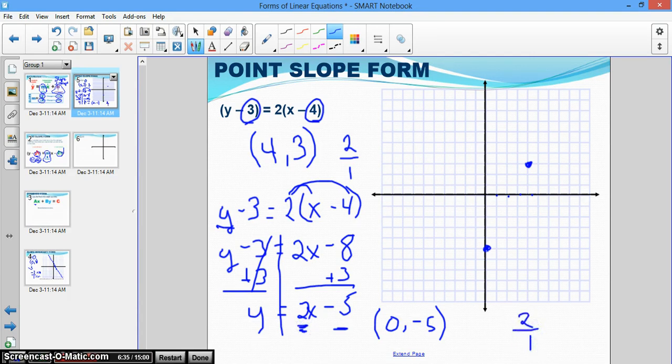So it is up 2 over 1, make a point. Up 2 over 1, make a point. Up 2 over 1, make a point. And what do we have? A straight line. Again, we know the line doesn't end with the points. A line continues forever. So we should extend those off our graph.